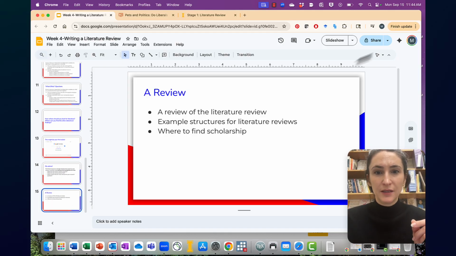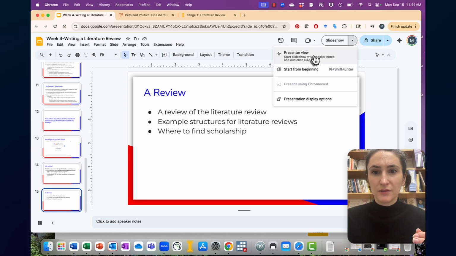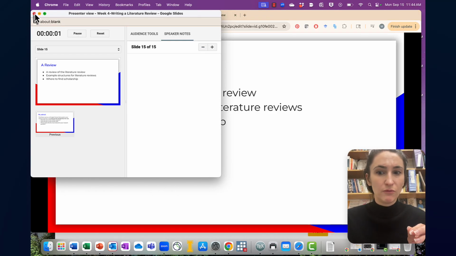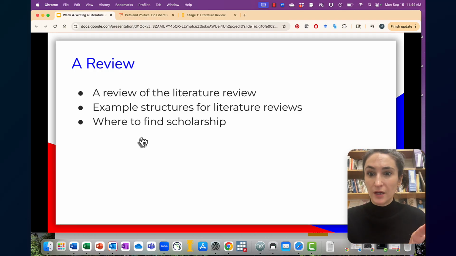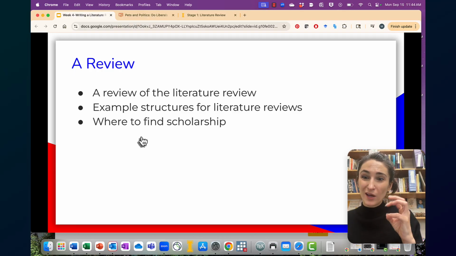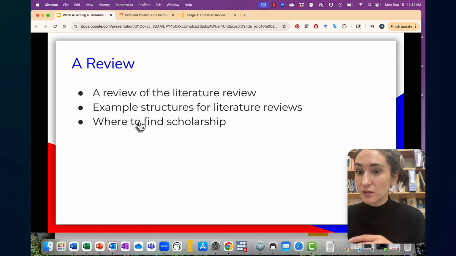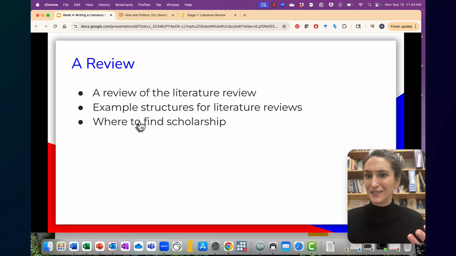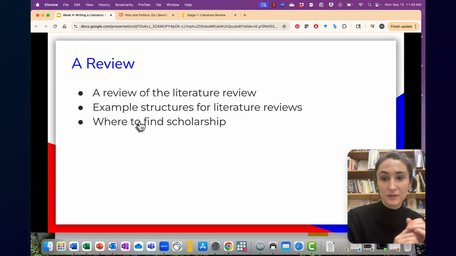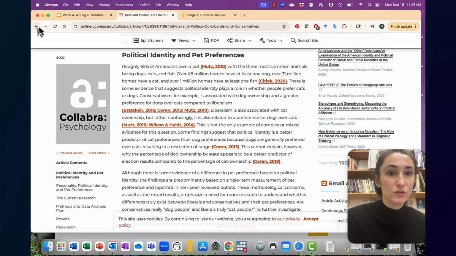Now, finally, just to briefly revisit where we've been, right? I have given you a sense of what the literature review is. We've talked about some example structures. You don't need to adhere to those super closely, but they're meant to give you some ideas. And then finally, we talked about where you can find citations, and that's on Google Scholar.